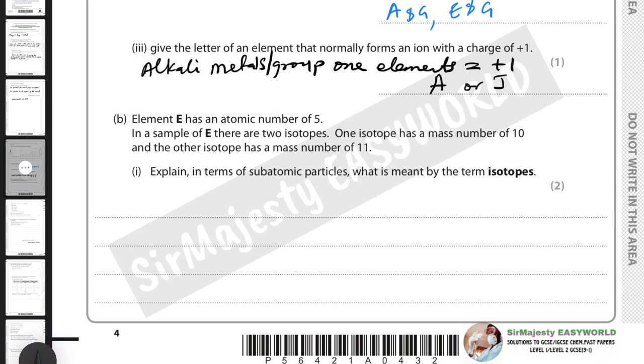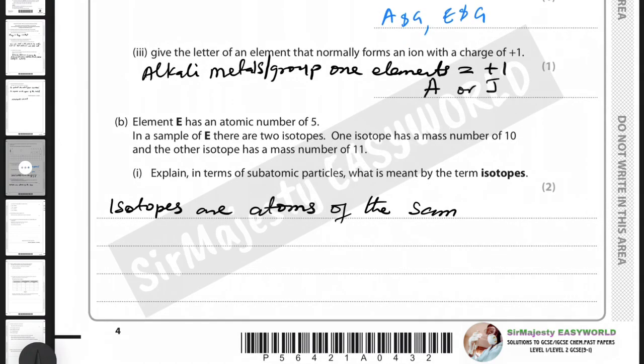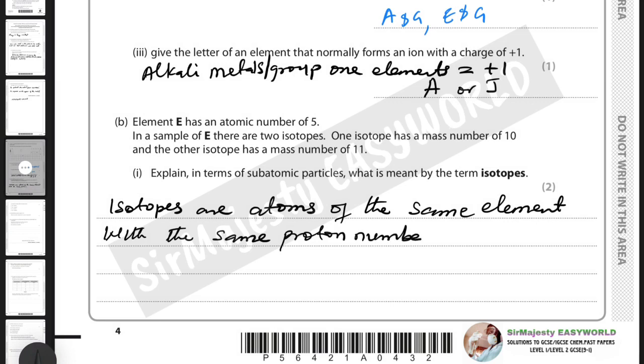You just define isotopes. So you say isotopes are atoms of the same element with the same proton number or the same atomic number.